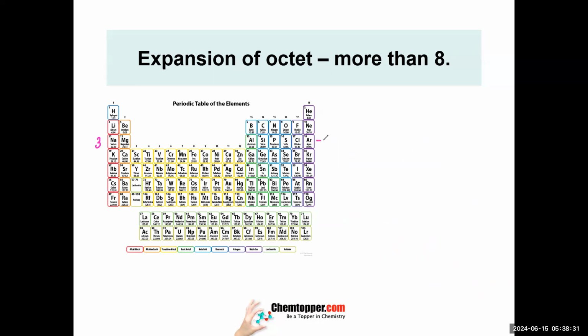In the third period, these elements have empty 3d, which is not filled. For the fourth period elements, empty 4d, like this. The presence of these empty orbitals is the reason that elements have expanded octet.